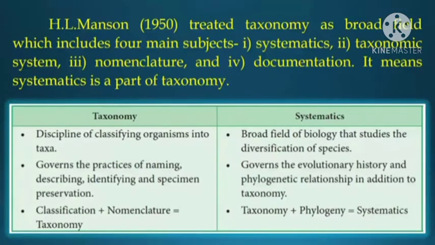Systematics governs the evolutionary history and phylogenetic relationship in addition to taxonomy. In case of taxonomy, classification plus nomenclature equals taxonomy. In case of systematics, taxonomy plus phylogeny equals systematics. Isn't it? After the description, our conclusion is here.